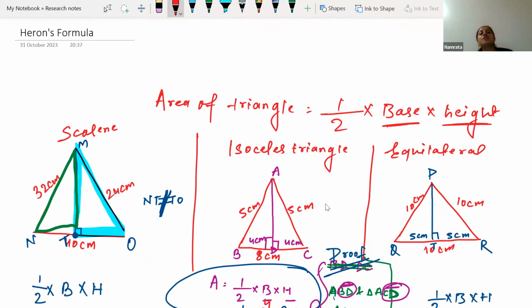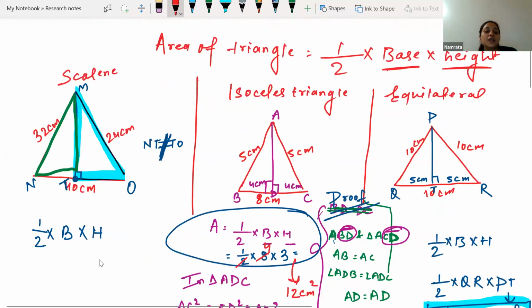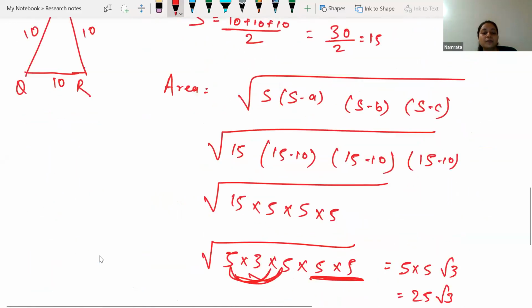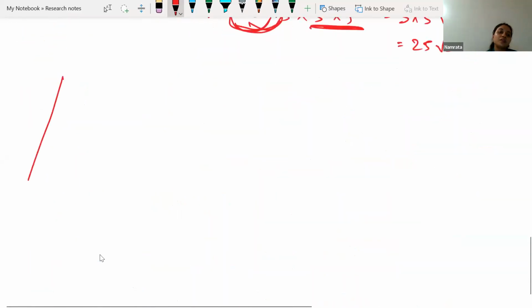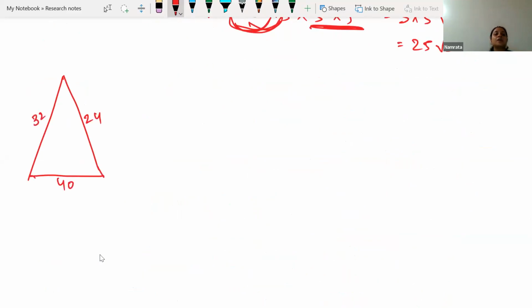Now the question is, what will be the area of a scalene triangle, which was not possible to find by the previous rule. So let's find it. 32, 24 and 40 was there, no? 32, 24 and 40. Again, the same formula, S is equal to A plus B plus C by 2.